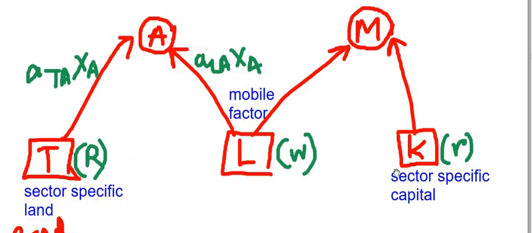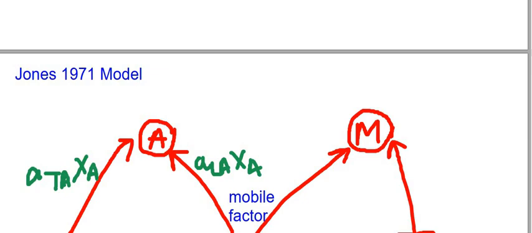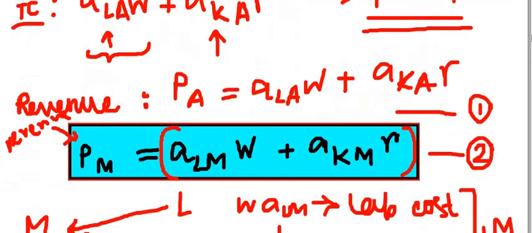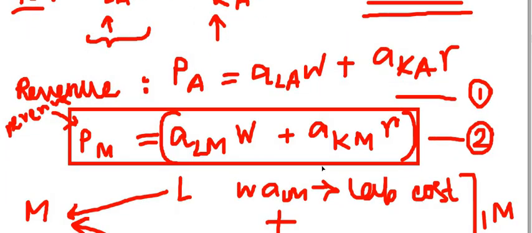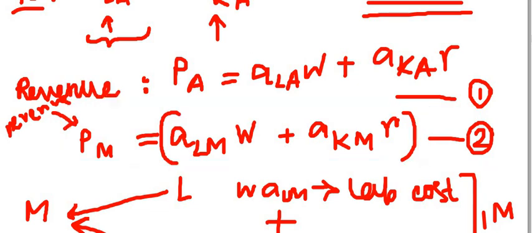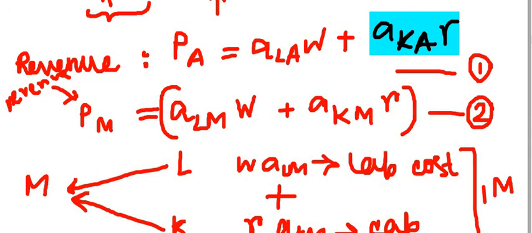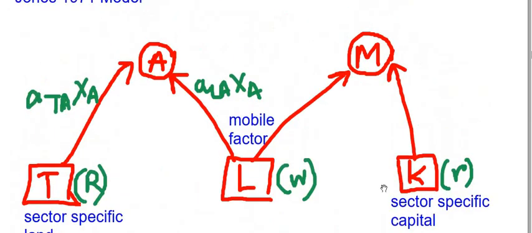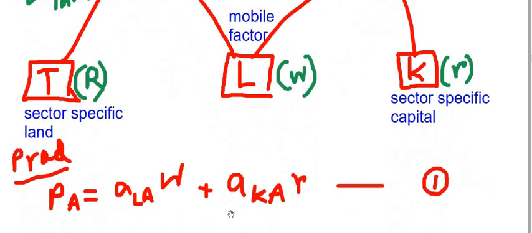So here, instead of Ka into R, which was initially in the 1965 model, came from this component, since this is not moving into the agricultural sector anymore, we will have to replace the capital components in the agricultural sector with labor components, which means this element, if I go back into the 1965 model and I remove these highlighters, then this component aka R in the agricultural sector has to be replaced with T components, because we are replacing capital, sector specific capital, initially it was mobile, with sector specific land.